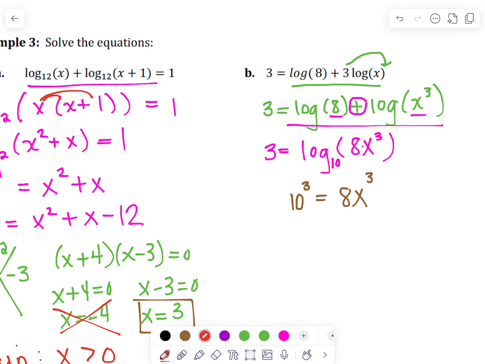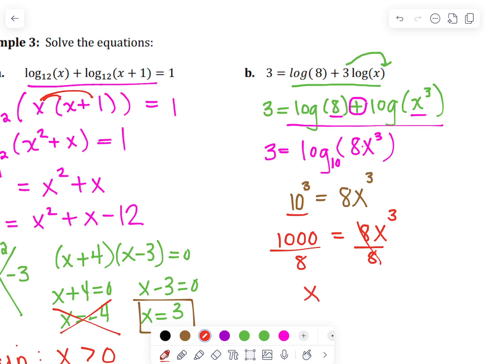Now I'm going to simplify the left side. So 10 cubed is 10 times 10 times 10, or 1,000. Then I'm going to divide both sides by 8 to start to isolate that x cubed.